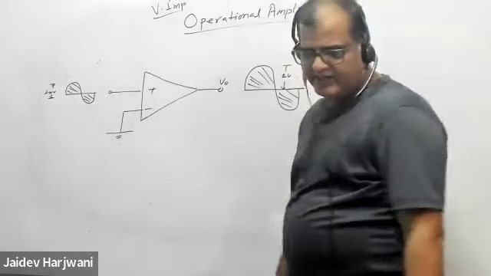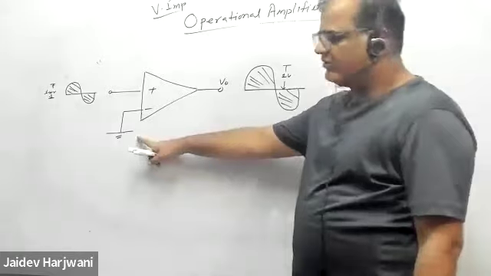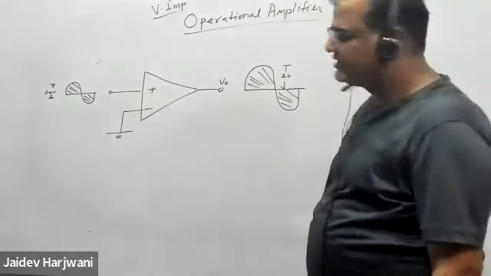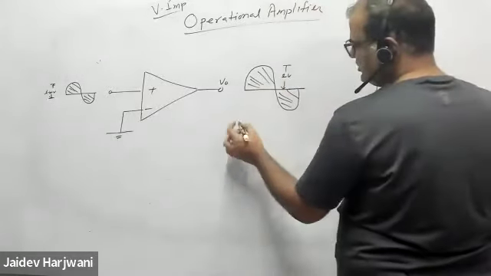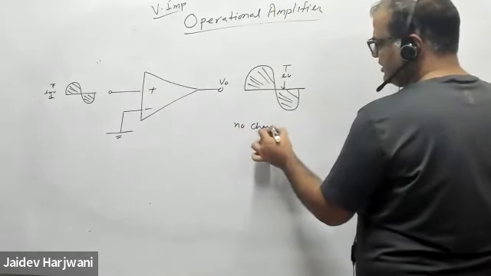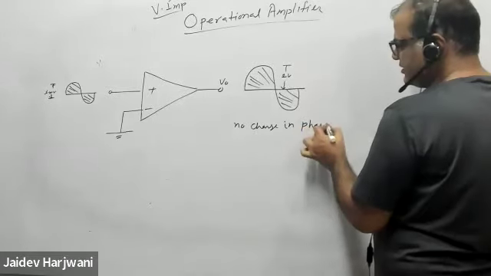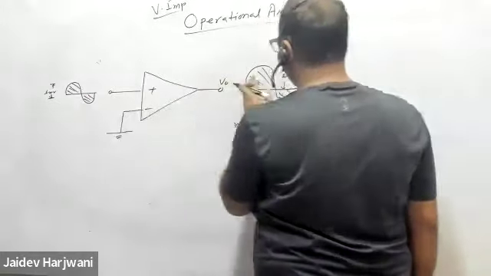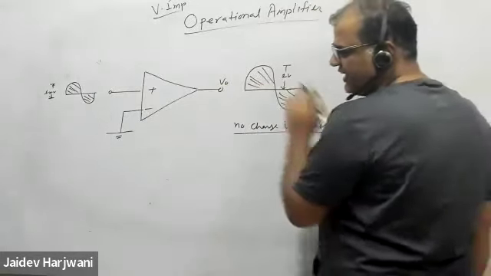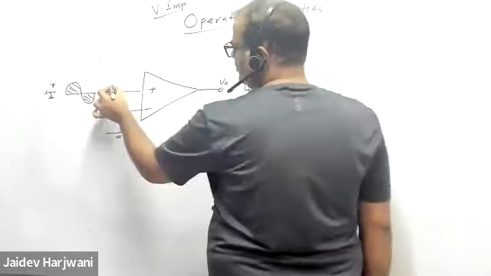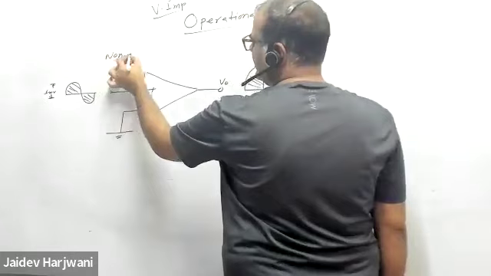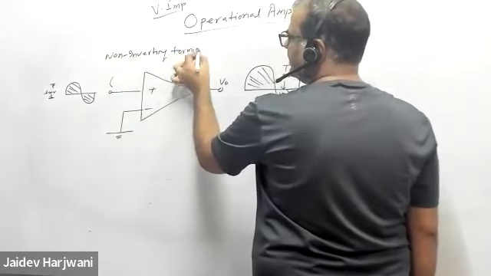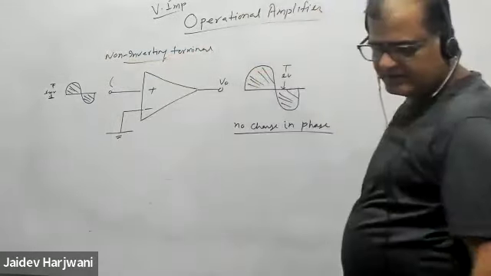So whenever you make this ground and apply input at the positive terminal, your input and output will be in the same phase, no change in phase, because the difference is positive, so you apply positive, you get positive. The difference is negative, you get negative output. Your phase will not change. That's why this is called the non-inverting terminal, meaning it is not inverting the phase of the signal.